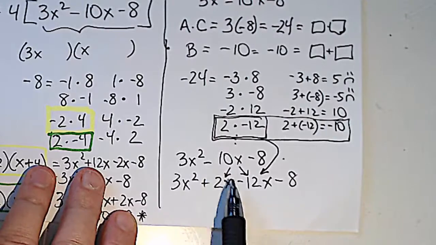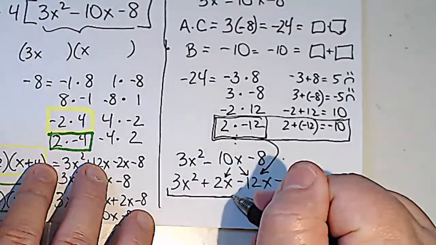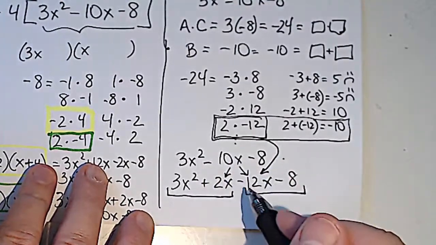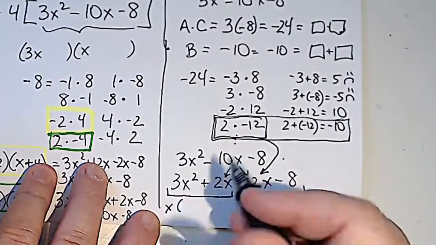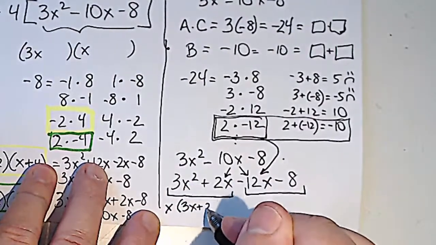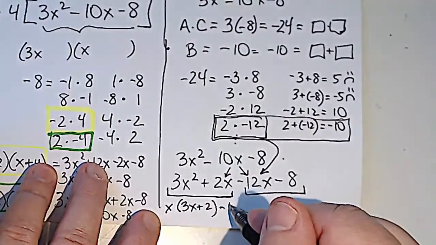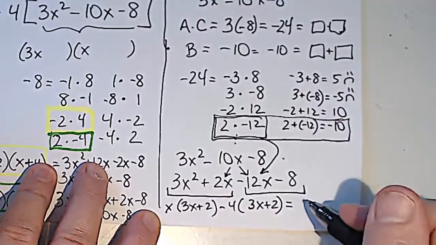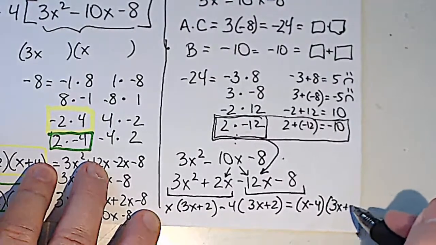And the negative 10x becomes plus 2x minus 12x. Then we use grouping. I can factor out x. Factored out, this becomes 3x plus 2. And over here, a common factor of negative 4 gives negative 4 times 3x plus 2. And that gives me x minus 4 times 3x plus 2.